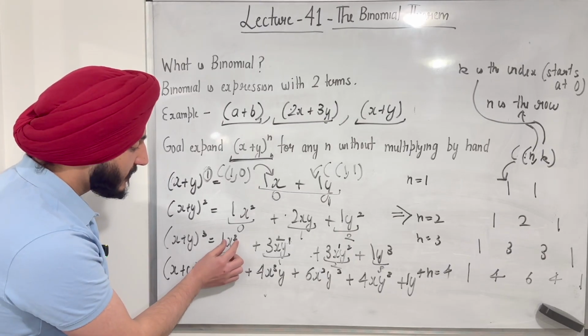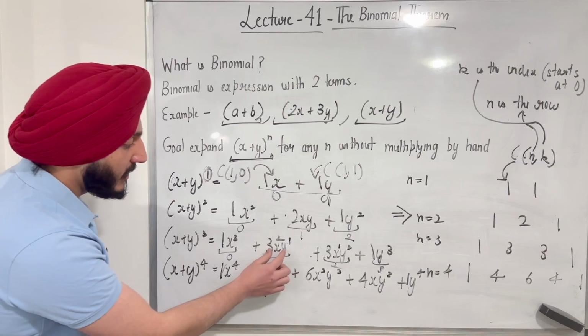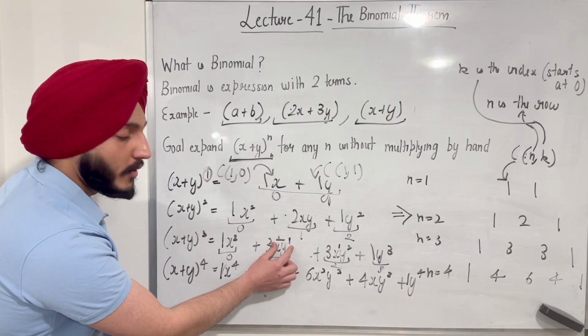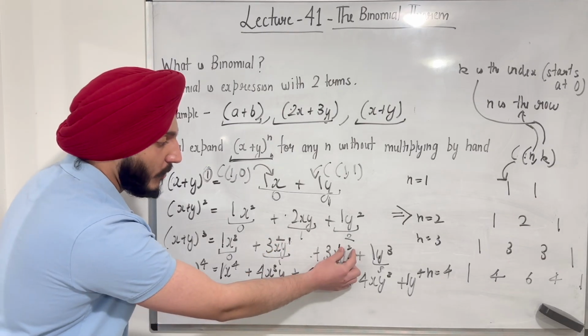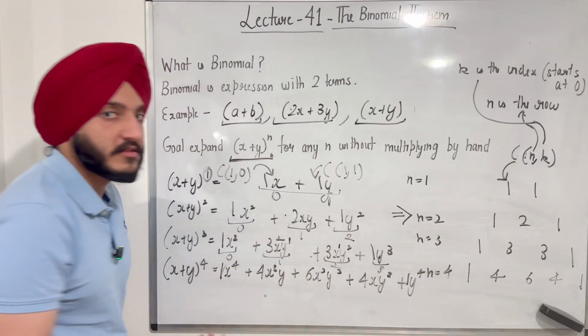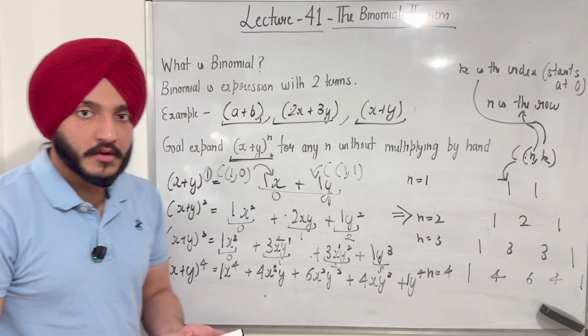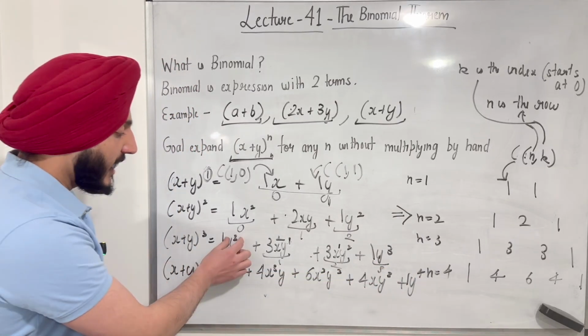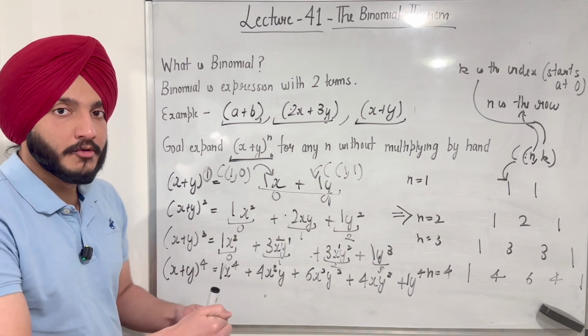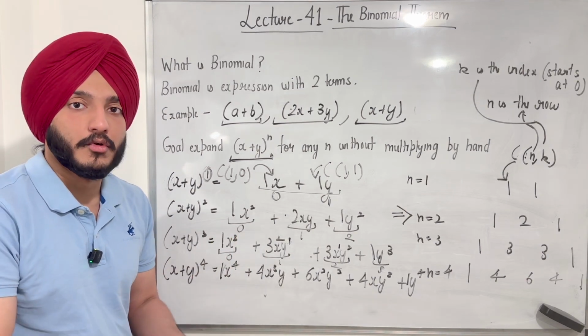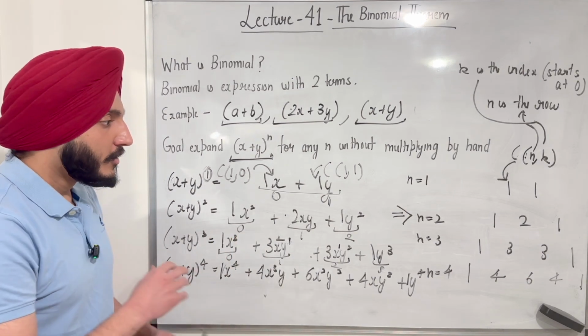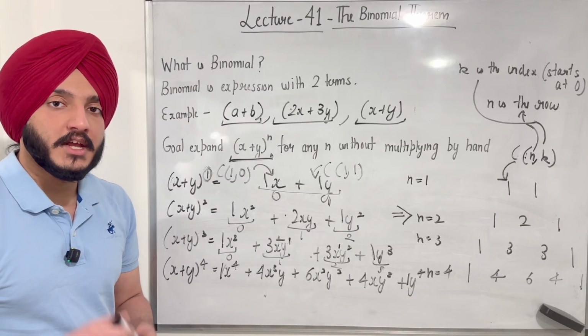So x cubed is n, x squared y is 2 plus 1, n, x y squared is 1 plus 2, n, and y cubed is n again. The third thing I notice is that I start with x to the power of n, and then I keep reducing one x and multiplying one more y. So those are my 3 patterns, and now let's see the actual formula.